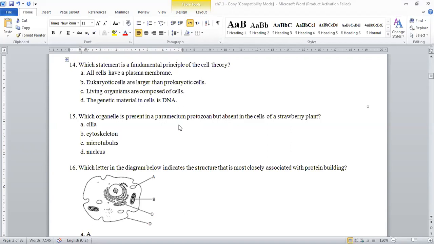C. Living organisms are composed of cells. A, all cells have a plasma membrane. Eukaryotic cells are larger than prokaryotic. Genetic material in cells. So yes, C. Living organisms are composed of cells. The question is about a fundamental principle of the cell theory. We took three principles only.